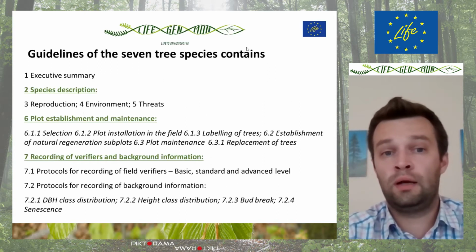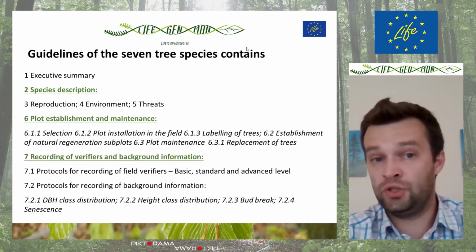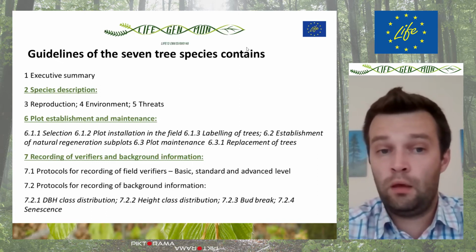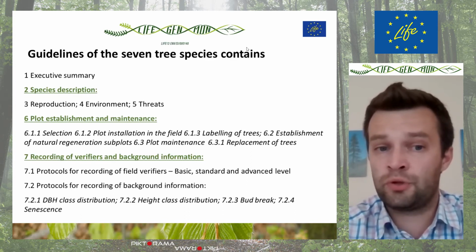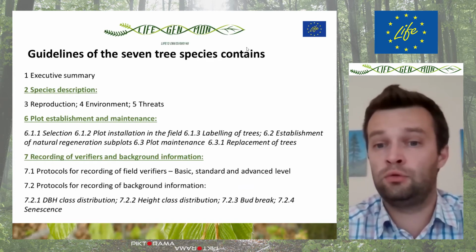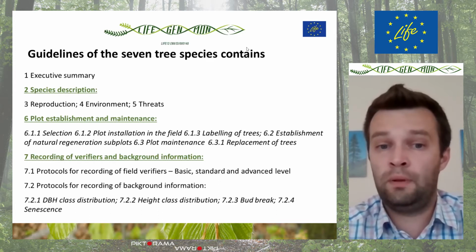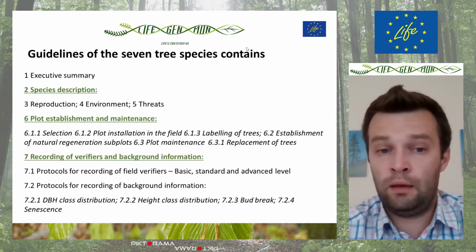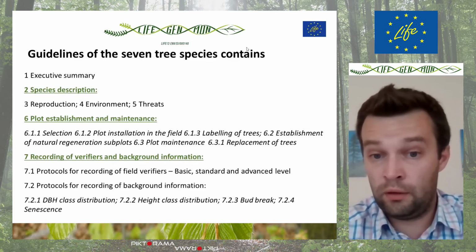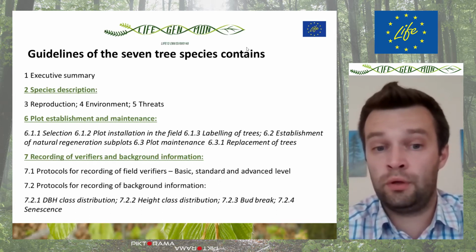So overall, the guidelines for the 7 tree species contain, as you can see, an executive summary, species description, species reproduction, environment, and threats. Also, they contain plot establishment and maintenance procedures: how to select and install the plot in the field, how to label the trees, how to sample, and how to maintain the plot. And also, they describe how to record verifiers and background information at the 3 levels of genetic monitoring.